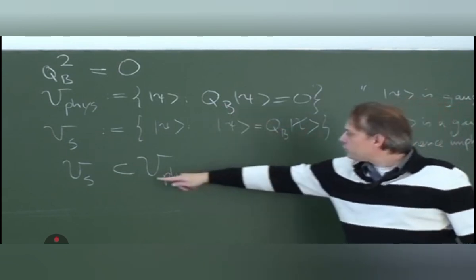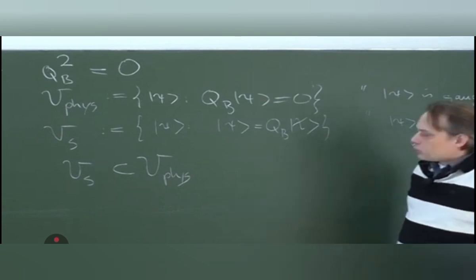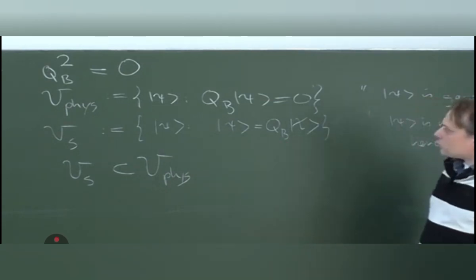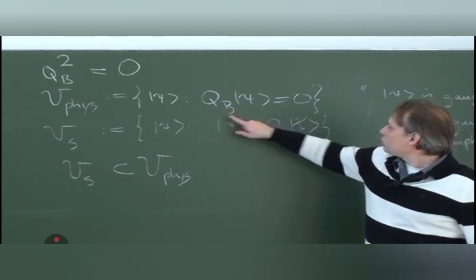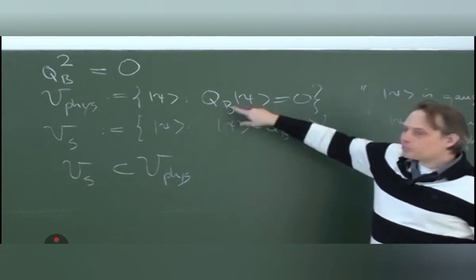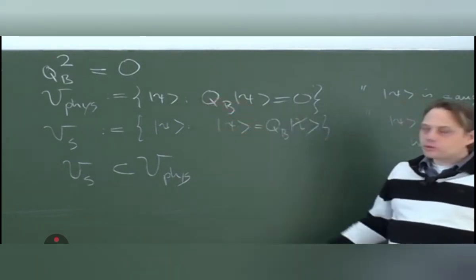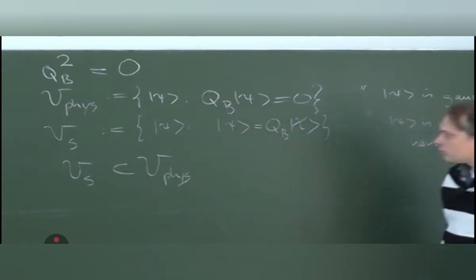Therefore, this Vs is a subspace of the physical space. And that is the same structure as in the Gupta-Bleuler case, only the structure is a little bit more elegant because you have just one single operator which automatically appears in both places in the same way, and because of this QB squared property, automatically and manifestly one space is a subspace of the other one.